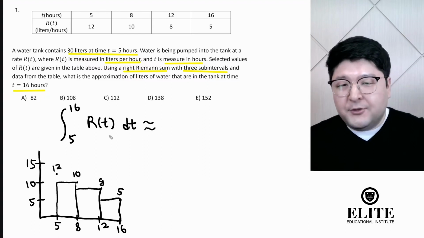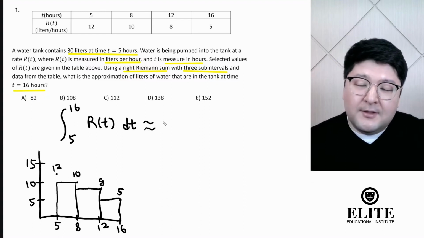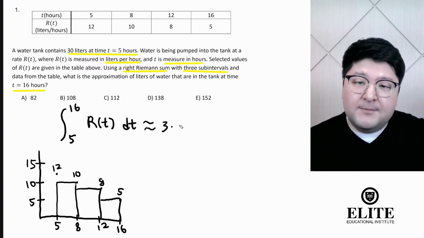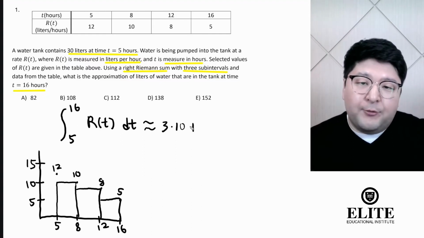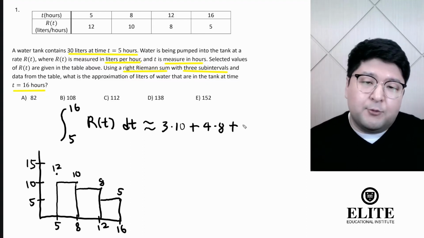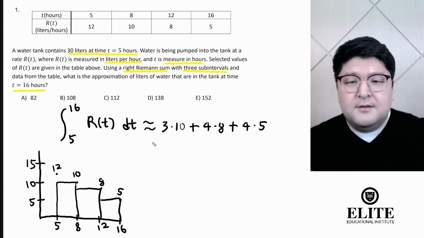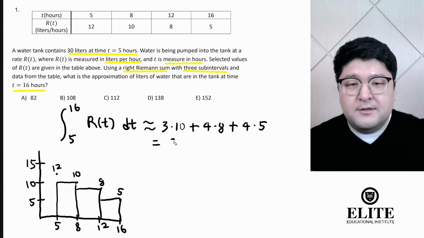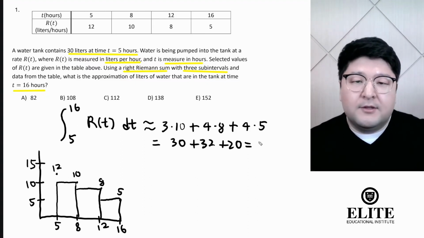The first rectangle has a base of 3 times a height of 10. The second rectangle has a base of 4 and a height of 8. And the third rectangle has a base of 4 again and a height of 5. We add them up and get 30 plus 32 plus 20, which equals 82.